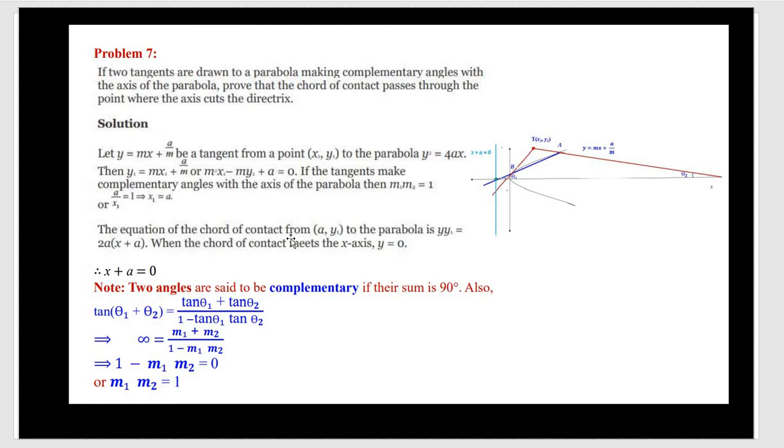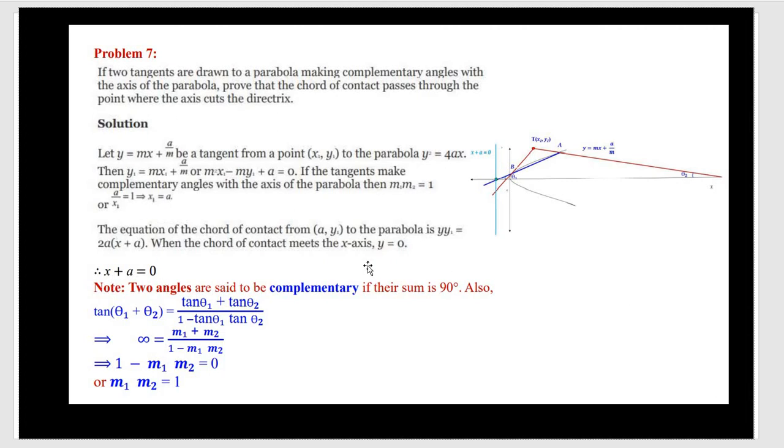Now the equation of the chord of contact from the point a comma y1 to the parabola is this. Now when the chord meets the x-axis, we get y is equal to 0. So when y is 0, you get x plus a to be equal to 0.